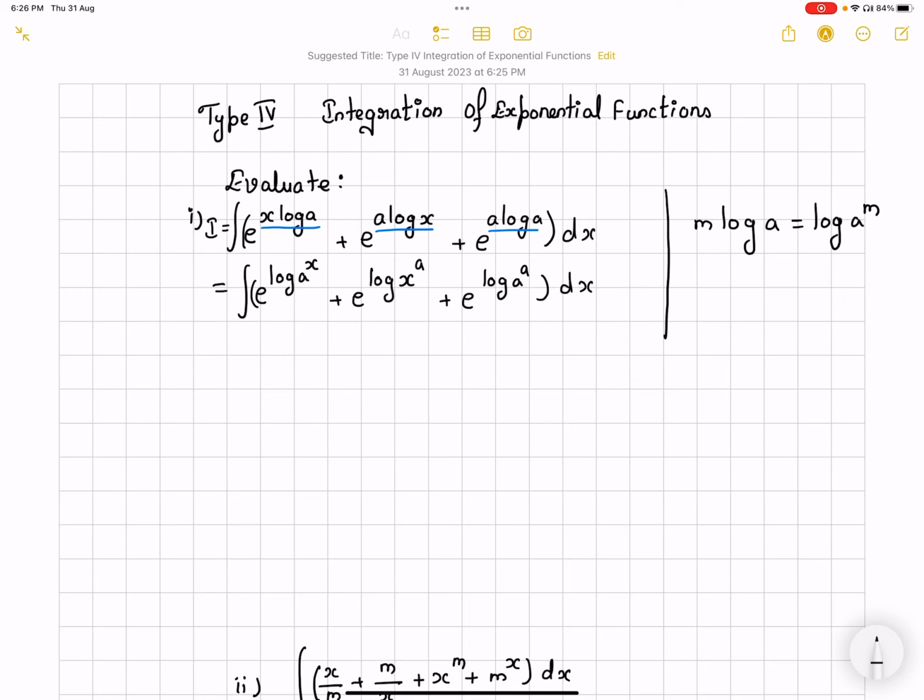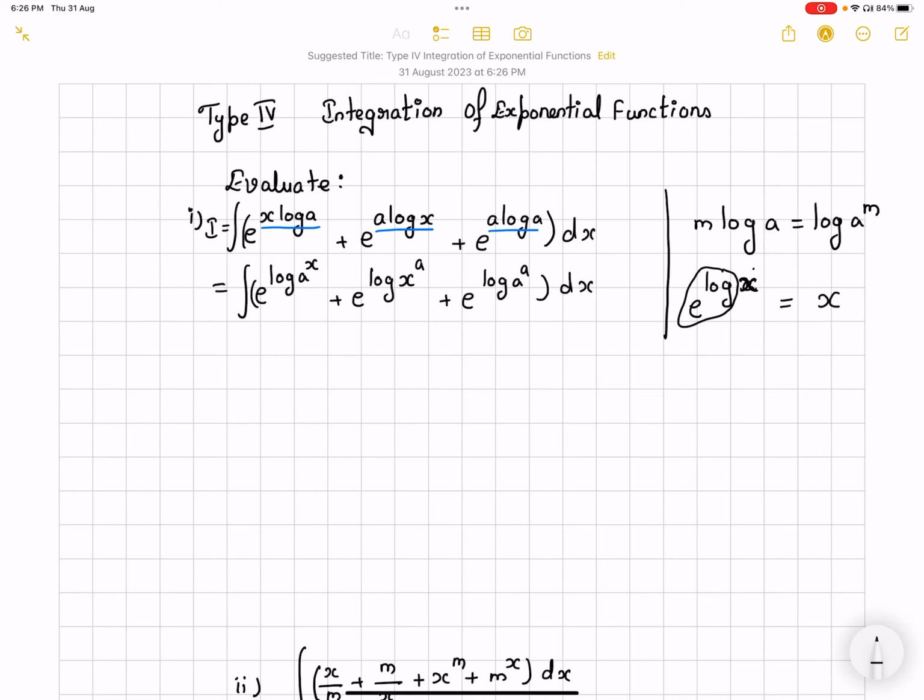Now we are going to use another logarithmic identity. Whenever we have e raised to the power log of something, in that case it is going to be equal to that something, because we know that logarithm is an inverse of the exponential function.